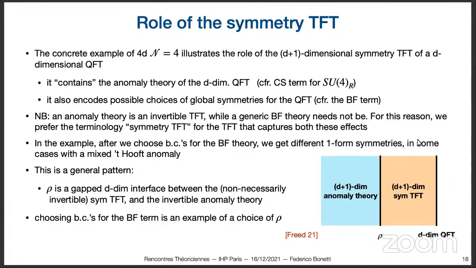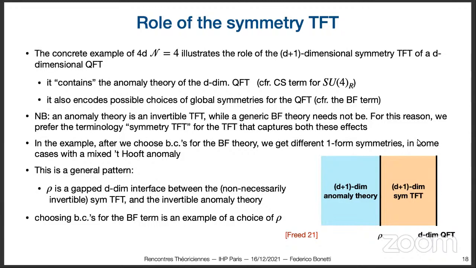But then say you want to study a specific gauge theory with a specific choice of gauge group. Then what you can do is to introduce a gapped interface between the non-invertible symmetry TFT and the invertible anomaly theory. And the purpose of this interface is to describe in a slightly more general framework what concretely is, for instance, choosing boundary conditions for B2 as opposed to C2.